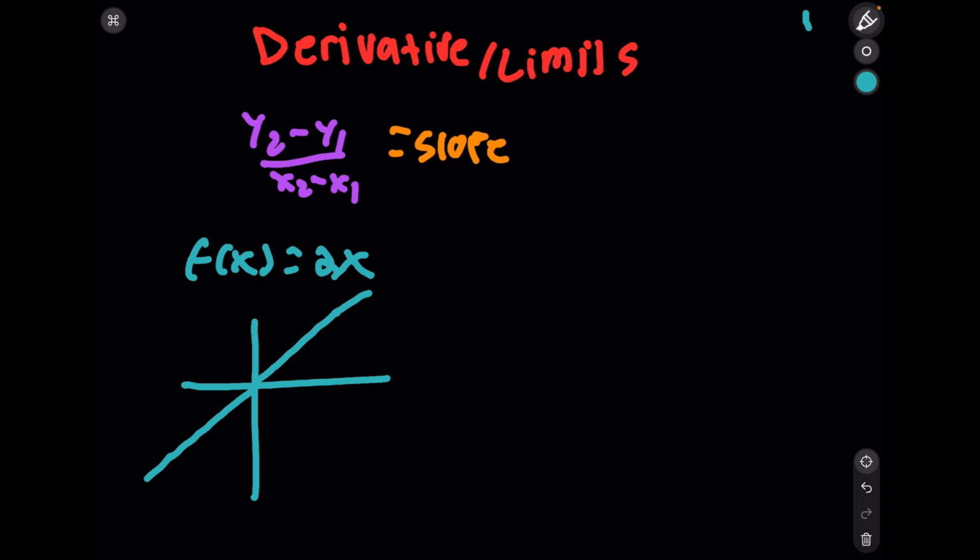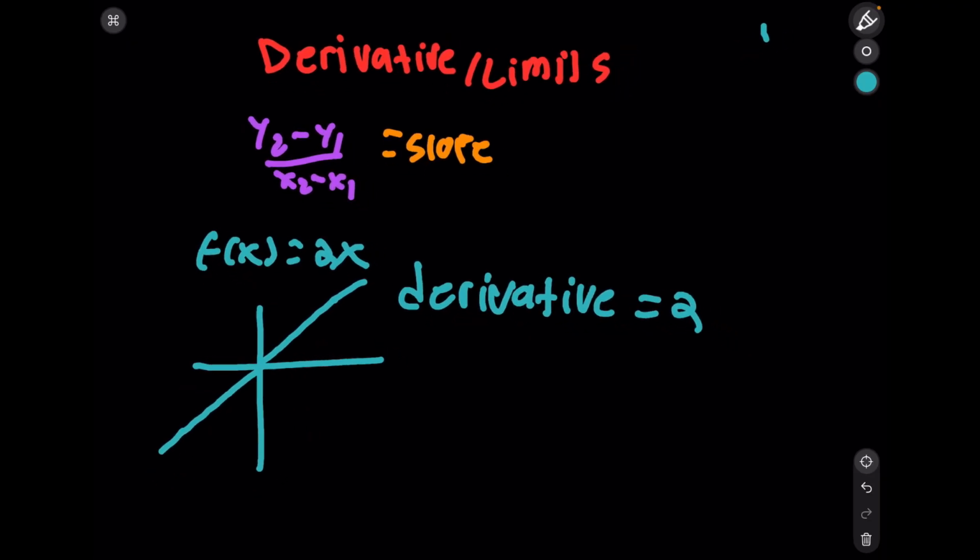For f of x is equal to 2x, the derivative would just equal 2, because throughout the whole function, you can see that the function is always increasing by 2, no matter which point you pick. So, like rise over run, it's always 2.